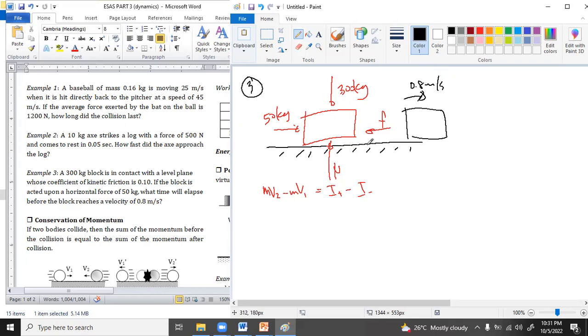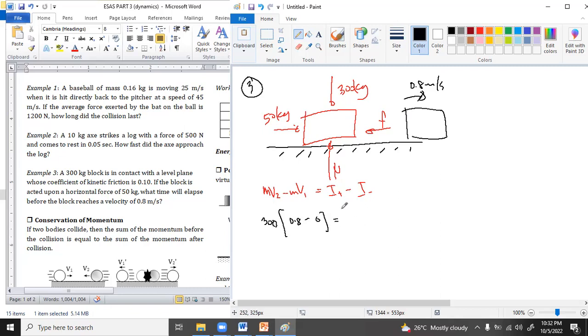So what we're going to do is we apply mass, that's 300, V2, so you have the 0, minus V1, that is 0.